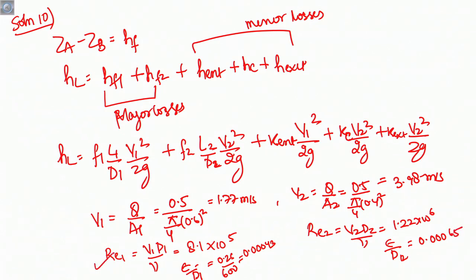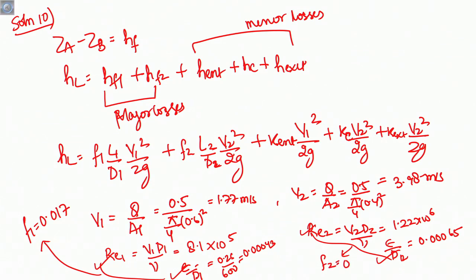So, we know Re1, here we know epsilon by D1, here we know Re2, here we know epsilon by D2. So, we can actually use the Haaland equation or the Moody chart and find out f1. If you look at the Moody chart or use the Haaland equation, f1 will come to 0.017, and this f2 is going to come to be 0.018.